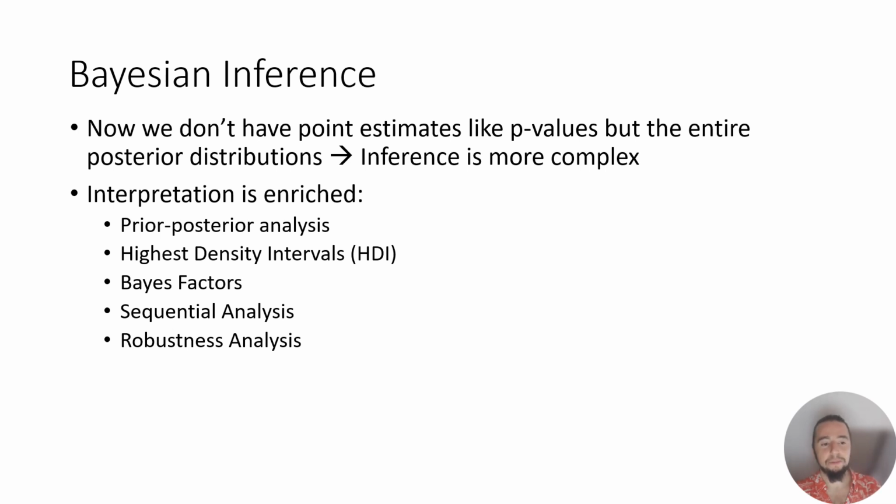For example, the prior-posterior analysis, and also the highest density intervals, which are analogous to confidence intervals, but in my opinion better. We also have Bayes factors that are kind of like p-values, but in my opinion better and more informative. And we also have some things that you cannot get in NHST, like sequential analysis and also robustness analysis.